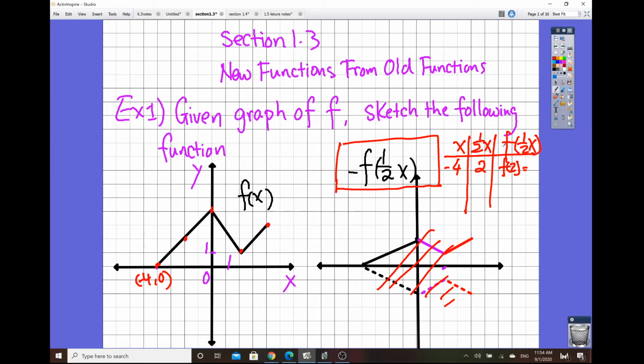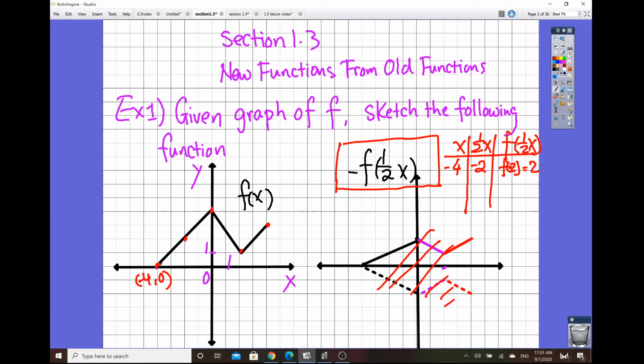Negative 4 times 1/2 is negative 2, so it's actually f of negative 2. f of negative 2 is right here, which is 2 because the scale is by 1. But don't forget, eventually we want to flip this over. Once we flip it over, it's going to be negative 2.